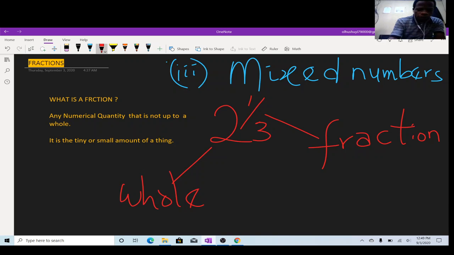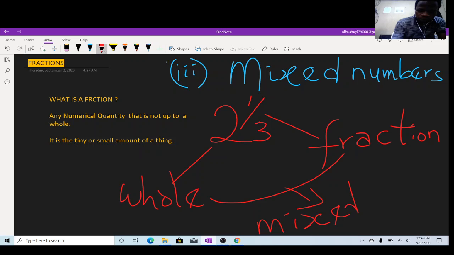So the two of them will combine to form what? Two of them come together to form a mixed number. Am I good to go?